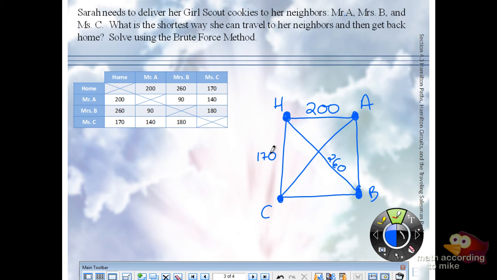Mr. A to Mrs. B? 90. Mr. A to Ms. C? 140. And lastly, B to C, 180.